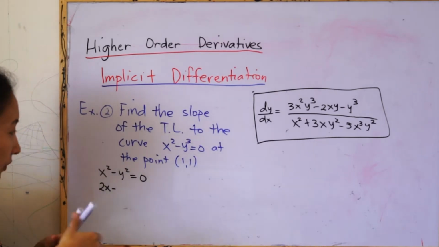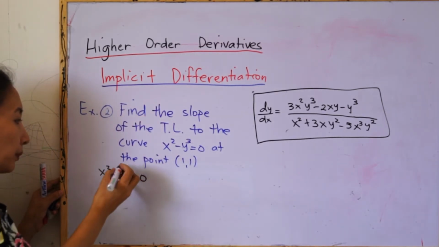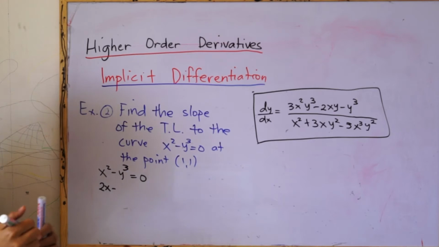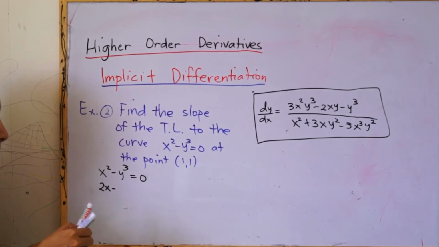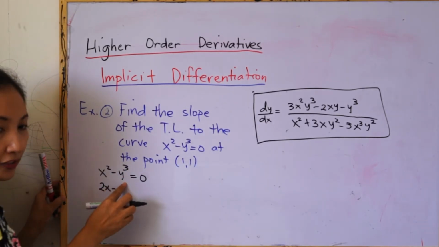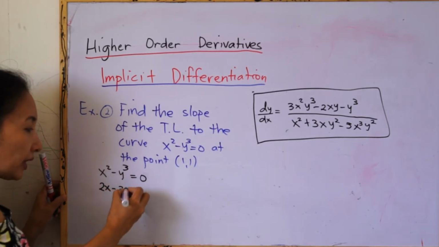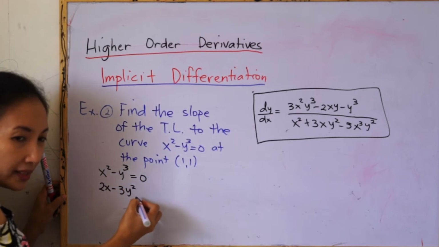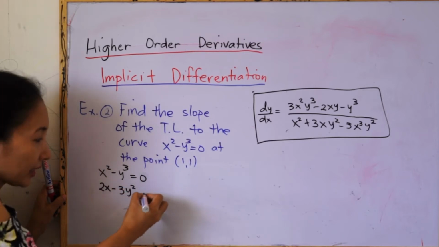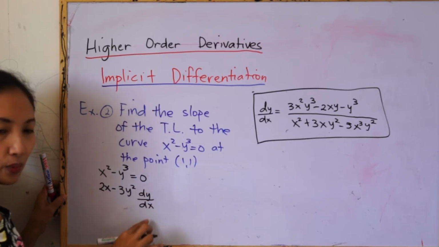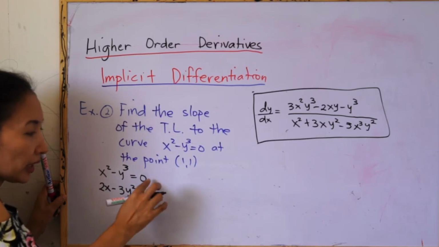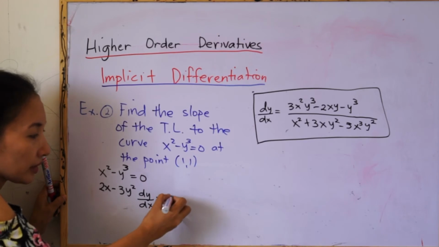Okay, thanks for the correction, Paulo. So, we differentiate the variable y with respect to the variable x. Apply power rule for y cubed. You'll get 3y squared. And what did I say? Affix dy over dx, equal to derivative of 0, which is 0.